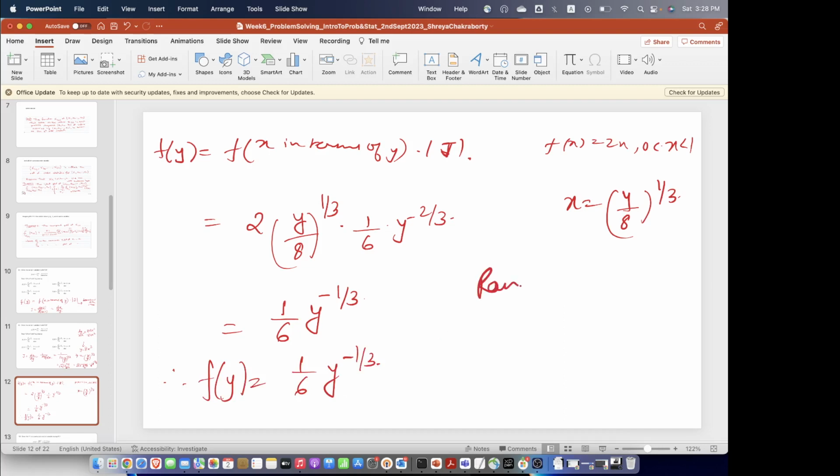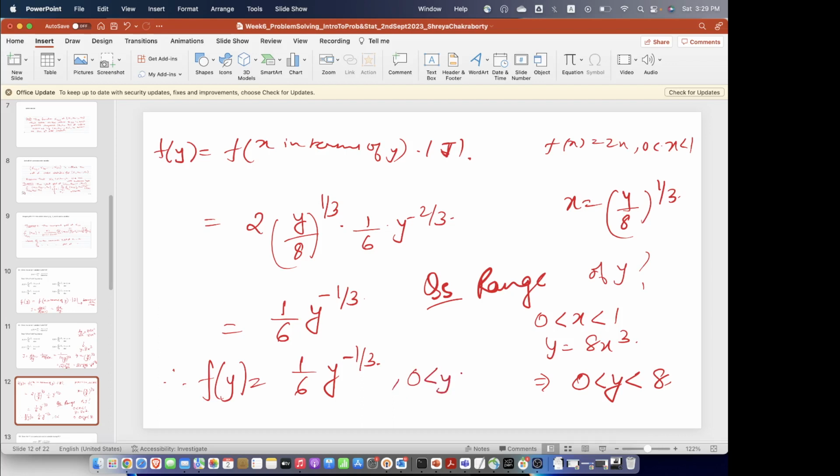Now the question is, what will the range of y be? If x ranges from 0 to 1 and y equal to 8x cube, then y can range from 0 to 8.